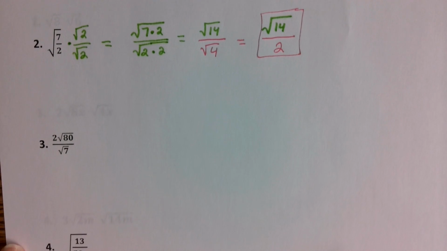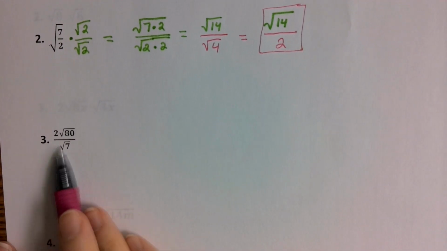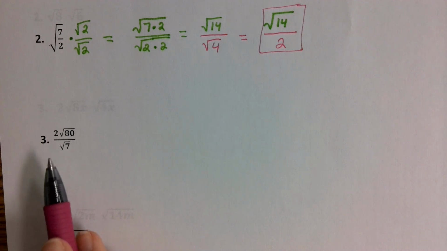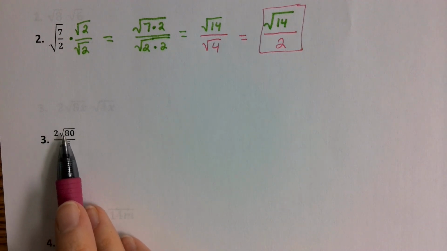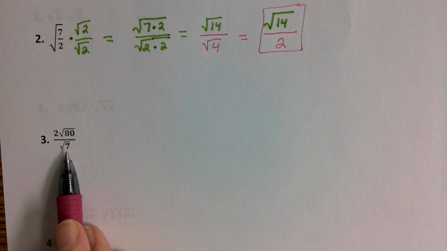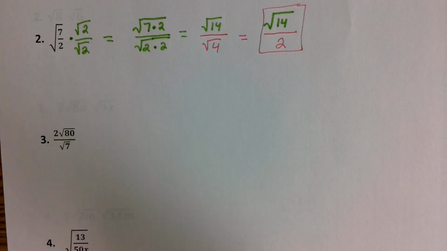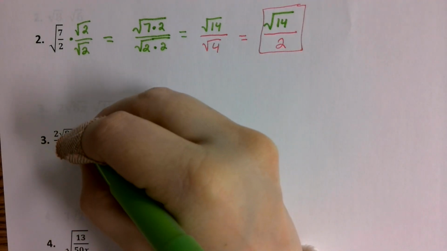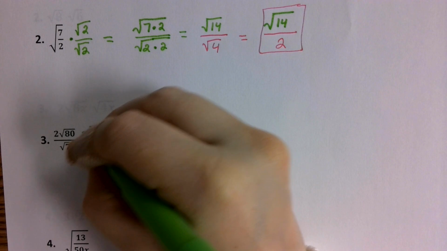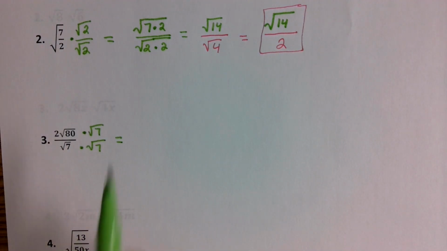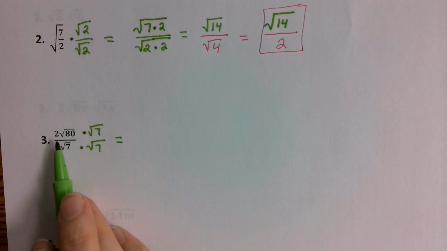Go ahead and do one more. We're going to do problem 3. Okay, so for problem 3, we have 2 square root of 80 over the square root of 7. Again, the square root of 7 cannot be simplified with anything inside of the 80, so therefore we're going to rationalize our denominator. We're going to multiply both the numerator and the denominator by the square root of 7. Okay, now that 2 is not going to get affected at all.